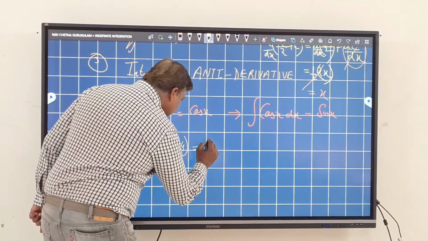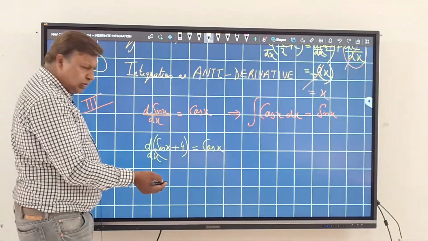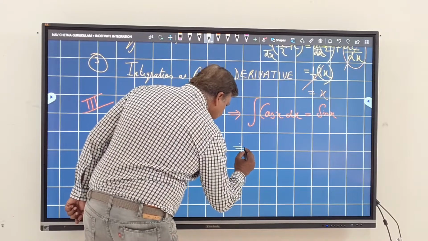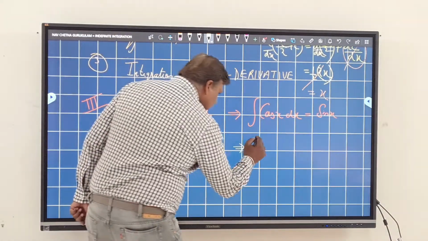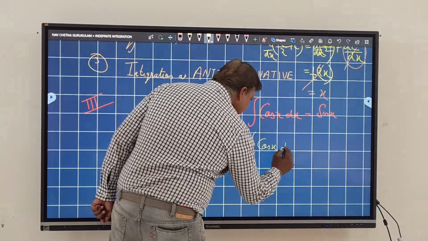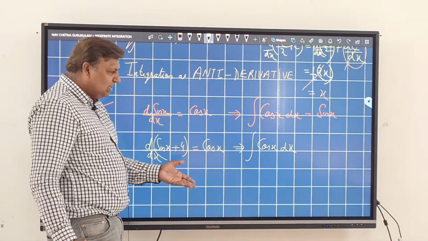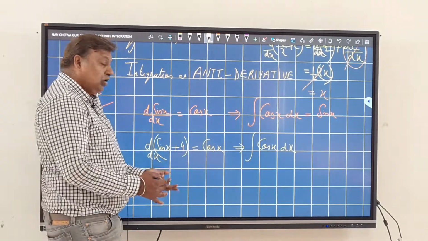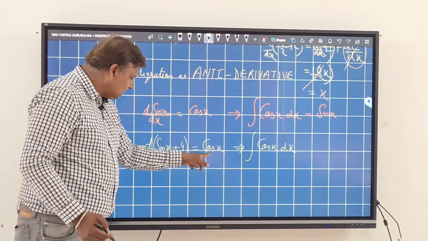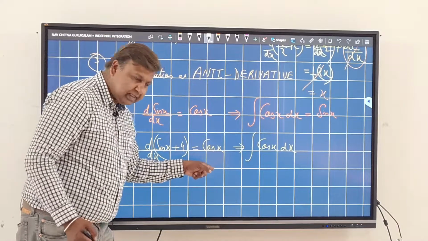I'll again get cos x, and the derivative of 4 is 0, so it is in addition, no matter. Now if I go back to integration, that means cos x integration is, can you write sin x plus 4? No, you can't, because had it been sin x plus 5, then also you would have written the same thing, cos x. Sin x plus 15 also, the result would have been cos x.